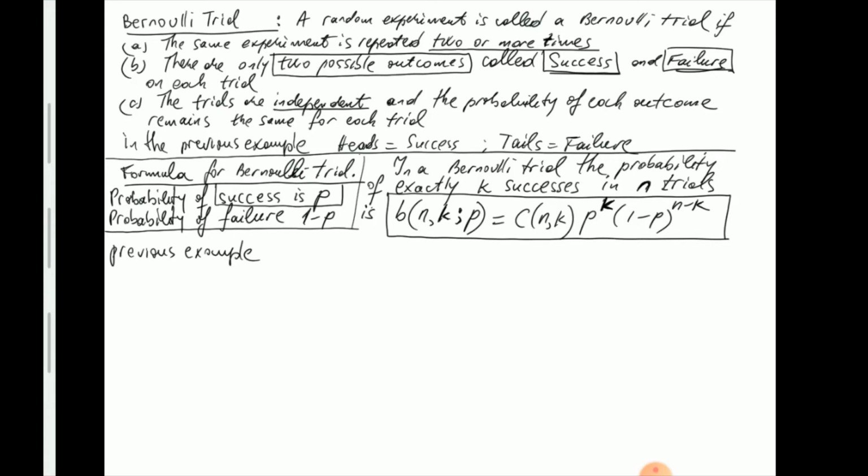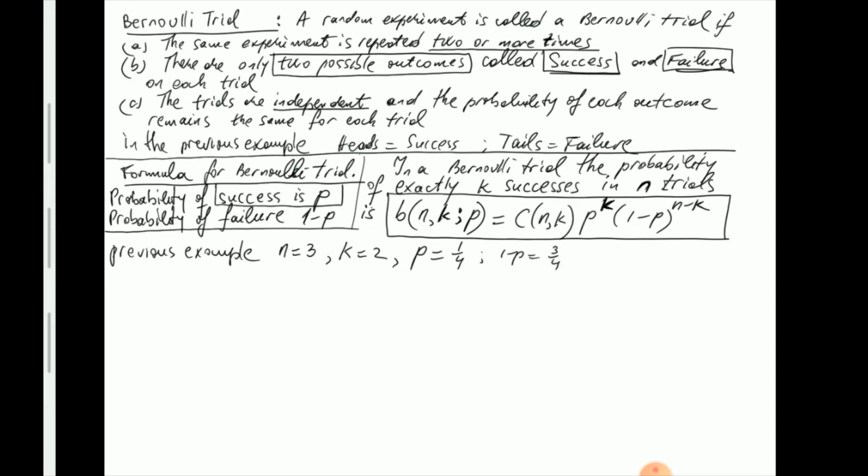So in the previous example, because I tossed the coin 3 times, N was equal to 3. Because I asked what's the probability of obtaining 2 heads out of 3 trials, K was equal to 2. And because it was a loaded coin, remember the probability of heads was 1 over 4, so of course 1 minus P was 3 over 4.